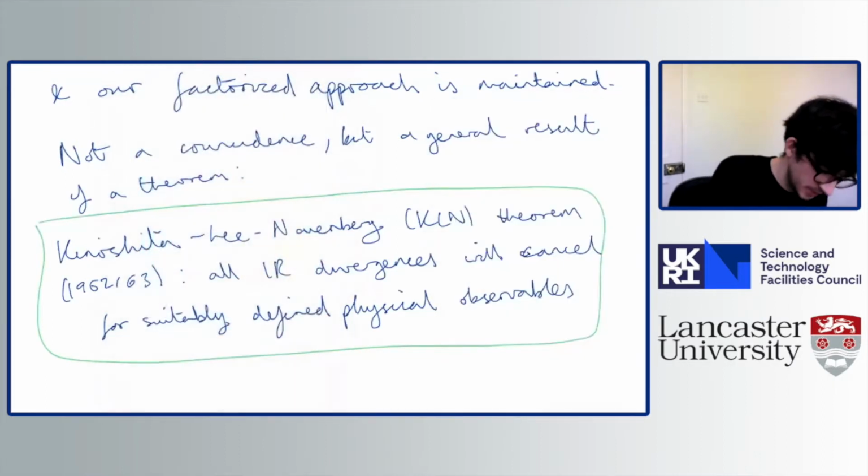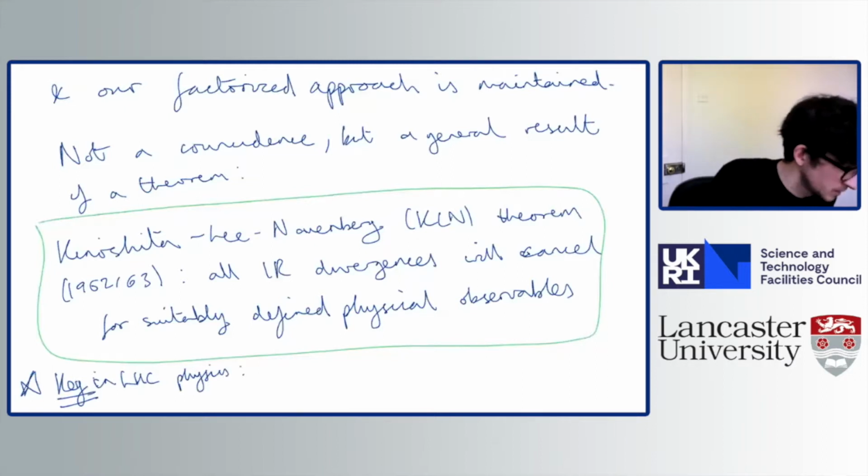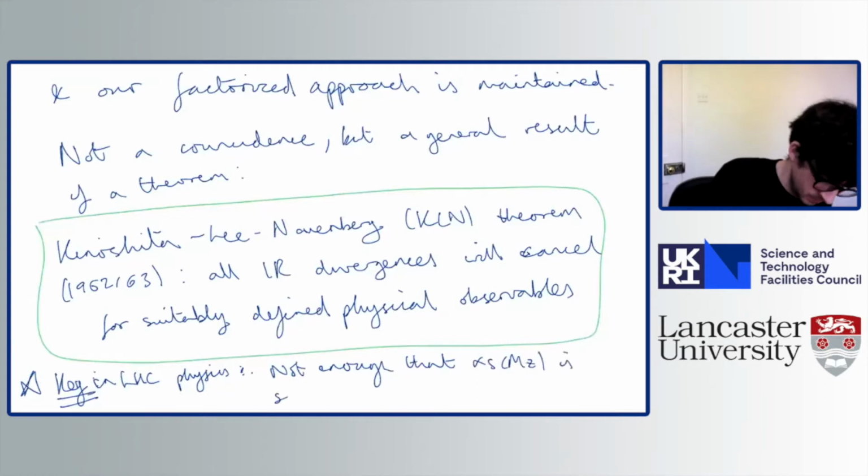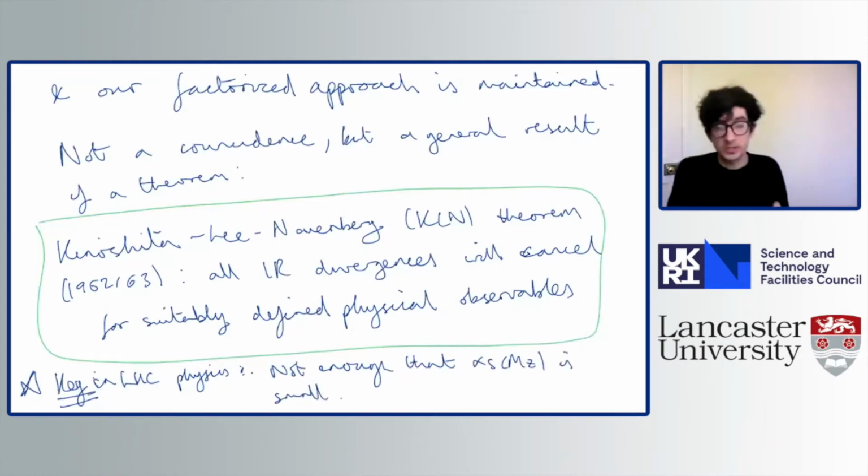And this thing is absolutely key, in particular in LHC physics. So, it's not enough that alpha S of mz is small, because one always has in a QCD calculation this possibility, particularly in those soft and collinear limits, that one might be sensitive nonetheless to regimes where alpha S is not small.